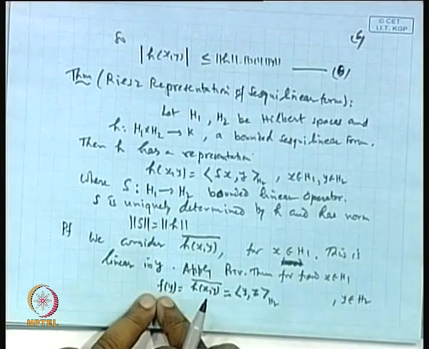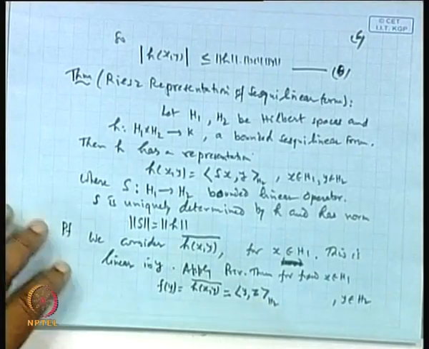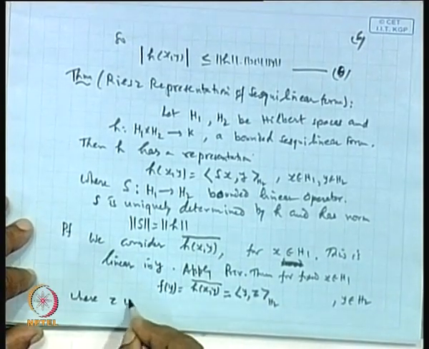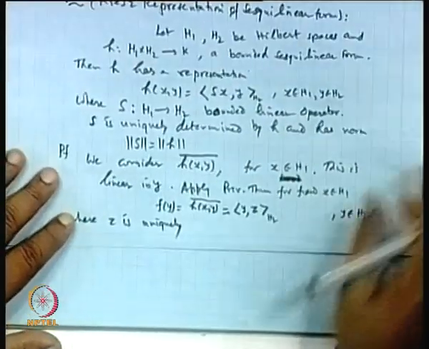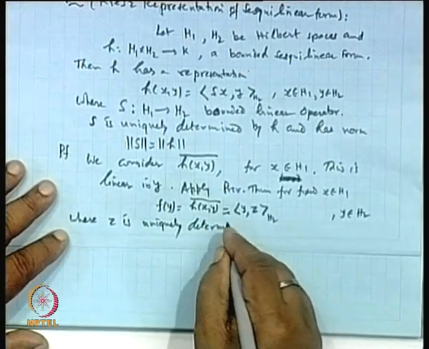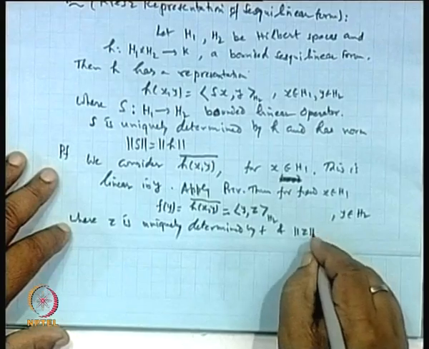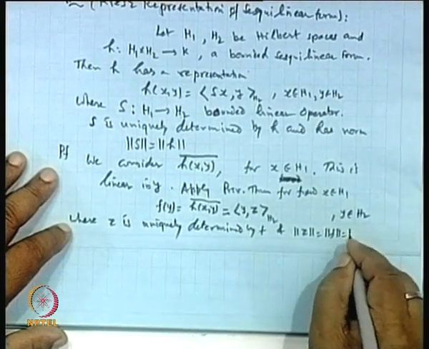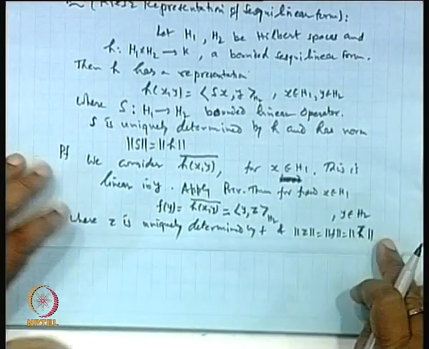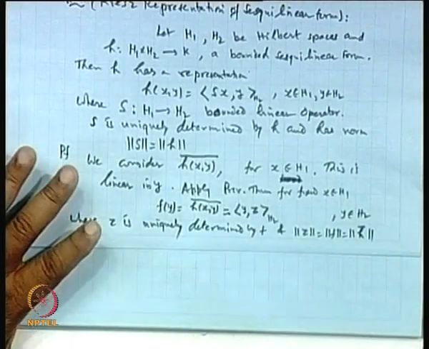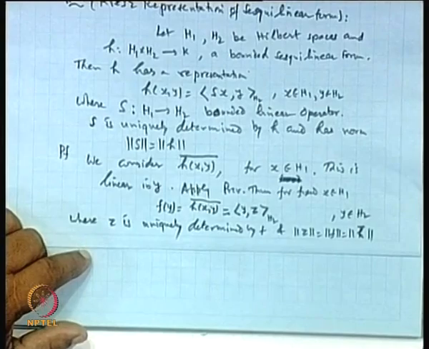So, corresponding to f we can find z such that f of y can be represented in this form, where z is uniquely determined by f, and both have the same norm as the norm of f, that is the norm of H bar. But the norm of H bar is the norm of H, okay? Is it clear or not? It is uniquely determined and the norm is clear.